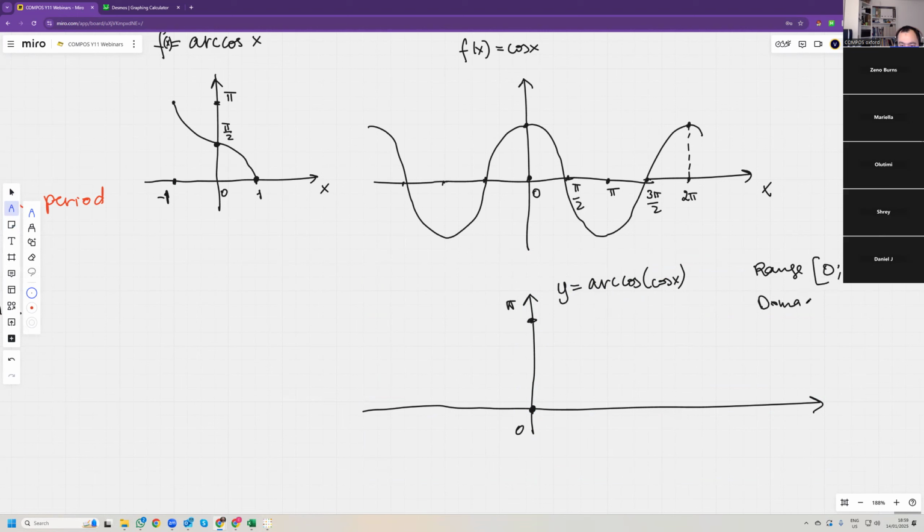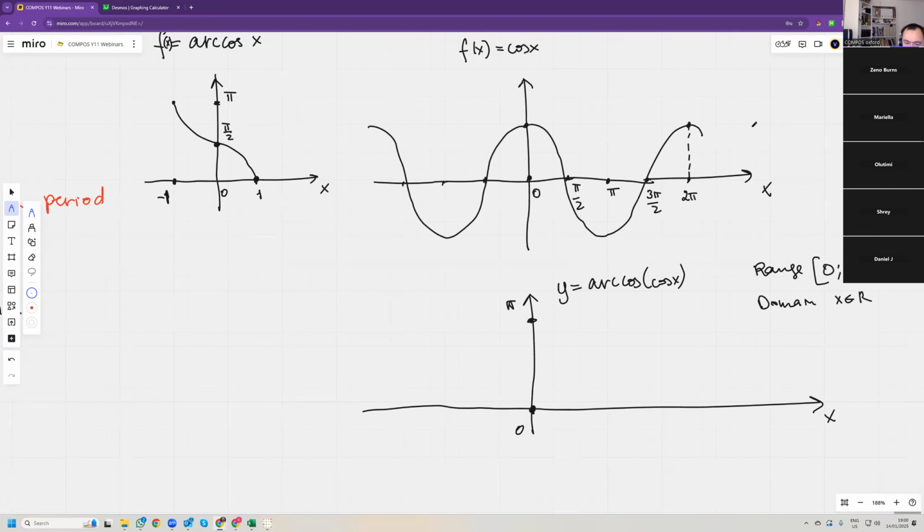Domain: x is any real number. So as x is increasing, cosine is decreasing. And as cosine is decreasing, arc cos is increasing. So it's going to go like this.